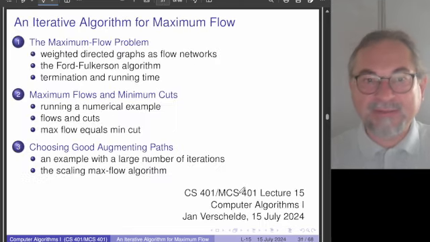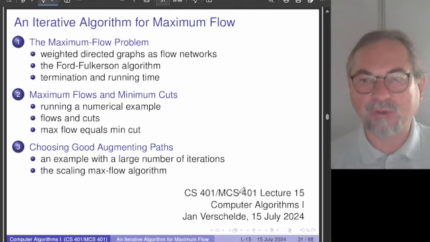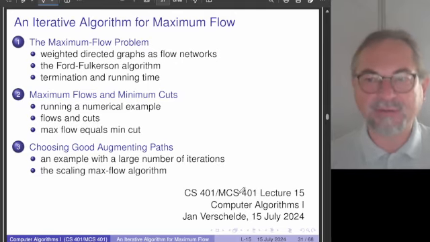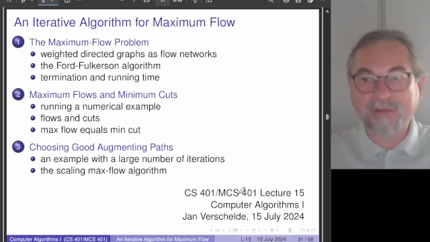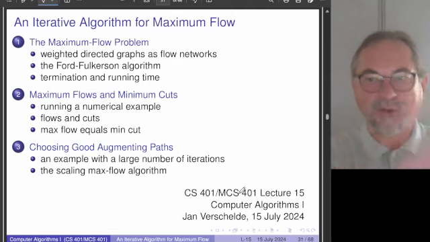Okay, so this ends the first half of this lecture, where we introduced the Ford-Fulkerson algorithm. In the second half, we will start by running this on a more extensive example, which will help if some things were not clear enough yet.